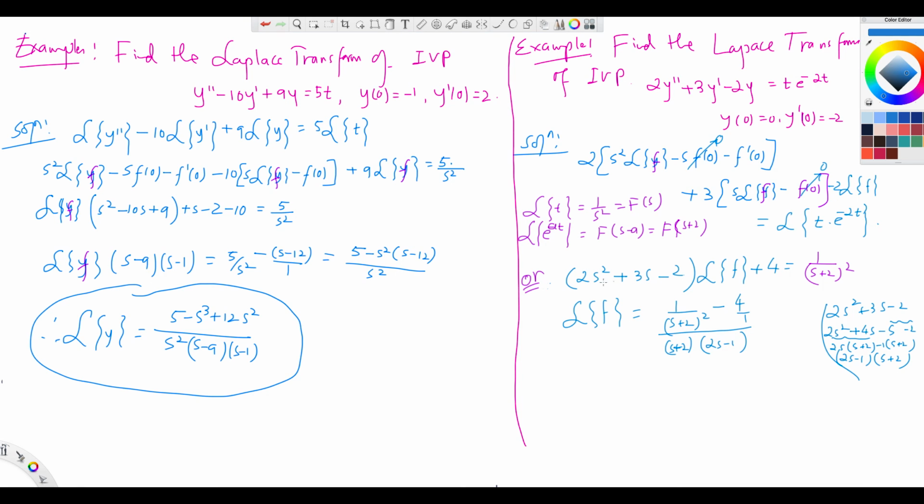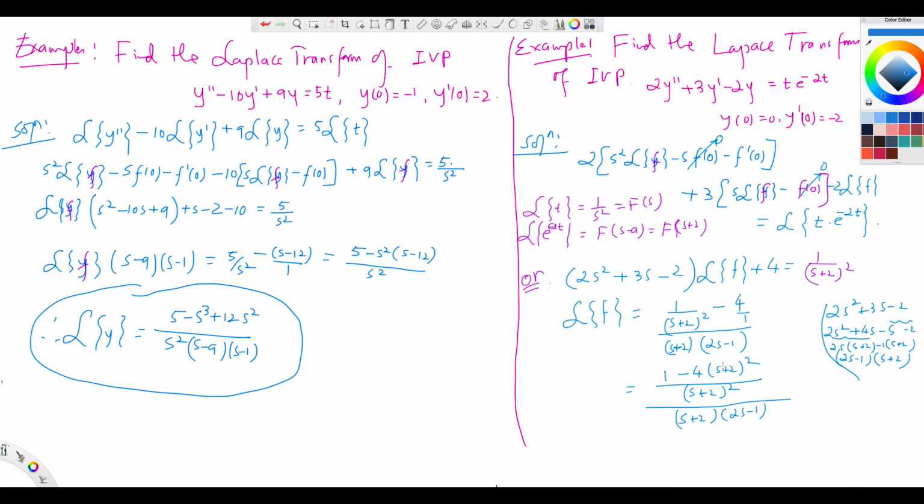So I divide both sides by that, move that one first, and then divide both sides by that, right? So what do you get? You get 1. Let's combine the top fraction first. So you get (1 minus 4 times (s plus 2) squared) over (s plus 2) squared, whole divided by (s plus 2) times (2s minus 1). You see that?